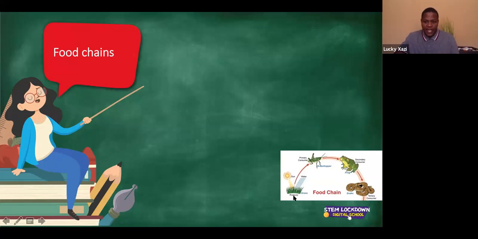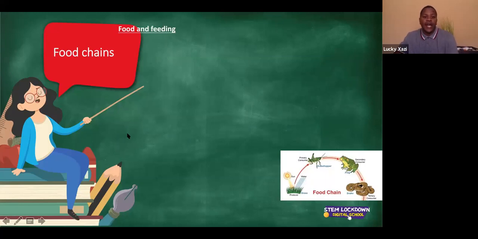Let's start our food chain. This is grass. Therefore, this grasshopper depends on the grass. Then this frog depends on the grasshopper. Therefore, the snake also depends on the frog. So the sequence of the arrows is very important in order for you to understand the food chain.